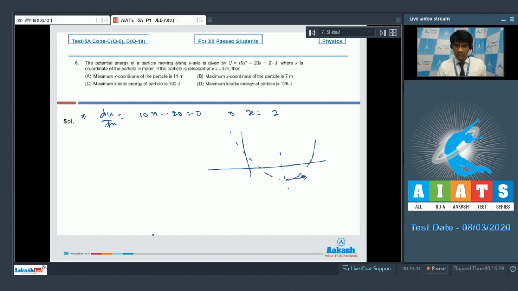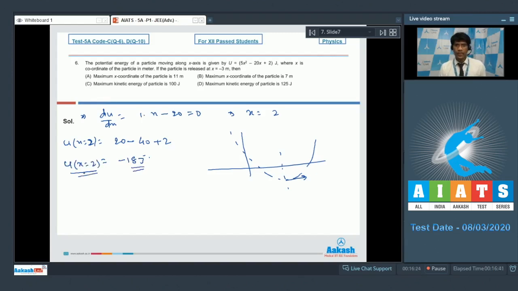And how much is this minimum value? Put x = 2 here: we get 20 − 40 + 2, or effectively −18 joule.